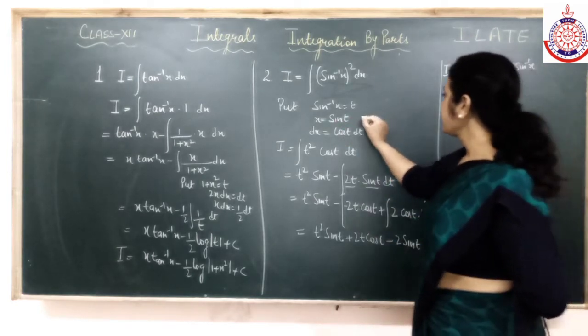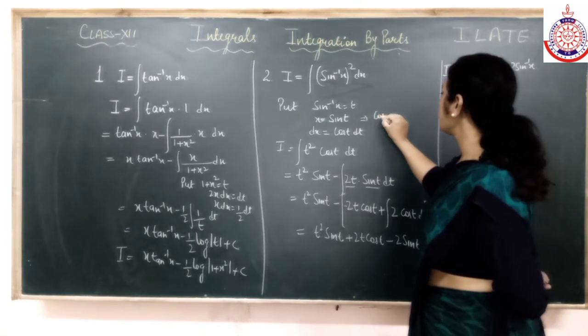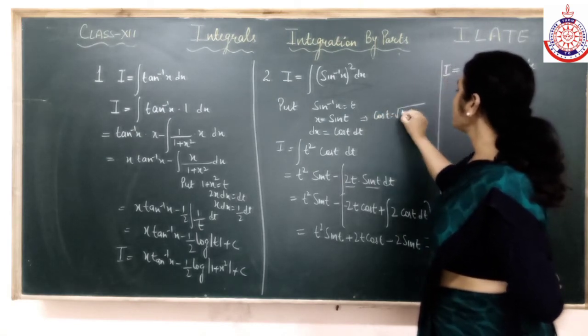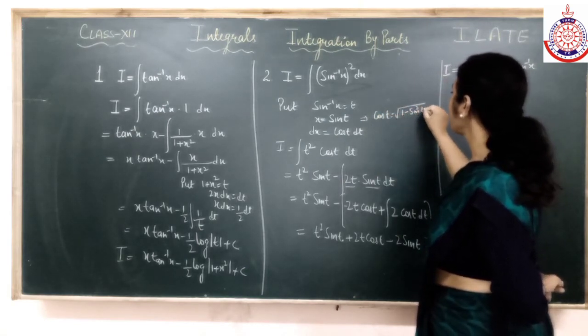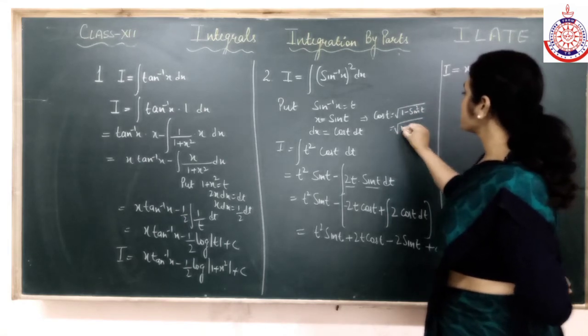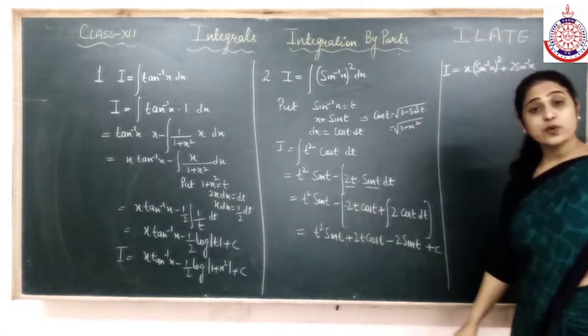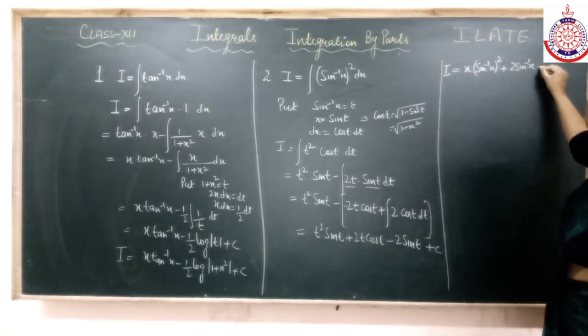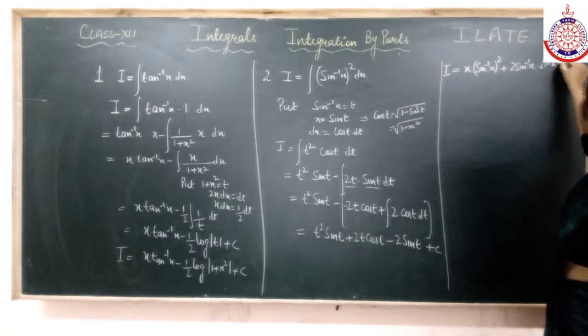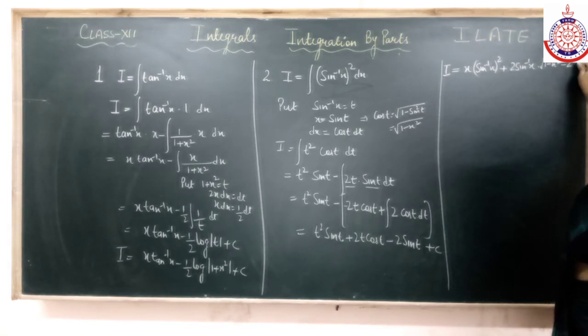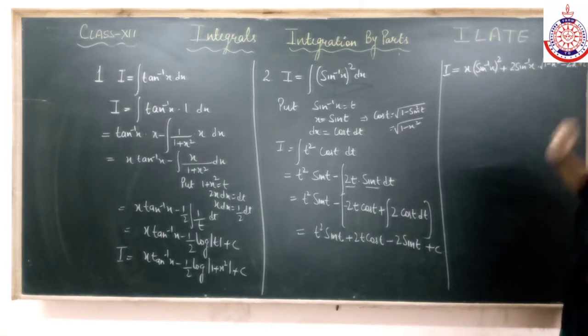What is sin t? x. So what will be cos t? Cos t is under the root 1 minus sin square t. So that means cos t can be written as the square root of 1 minus x square. And the value of sin t, that is x, plus c.